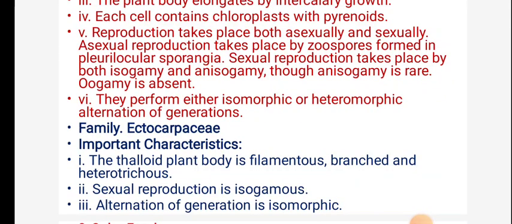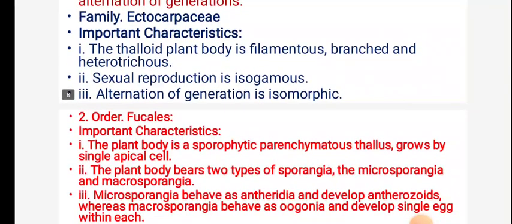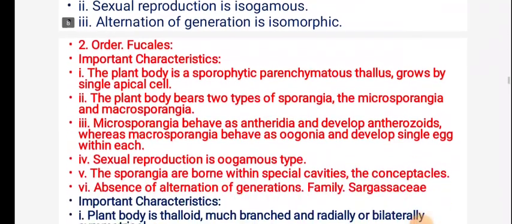Then they perform the isomorphic or heteromorphic alternation of generation. Family Ectocarpaceae also shows the thalloid plant body filamentous, branched, and heterotrichous. Here we are observing the detailed characters of the order. Then sexual reproduction is isogamous and alternation of generation is isomorphic.